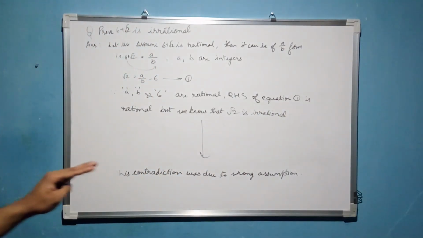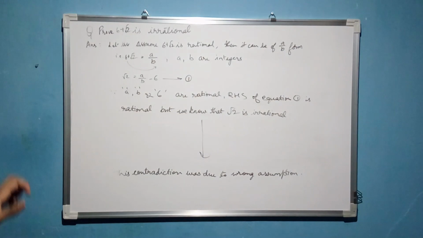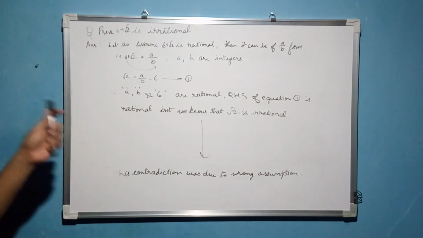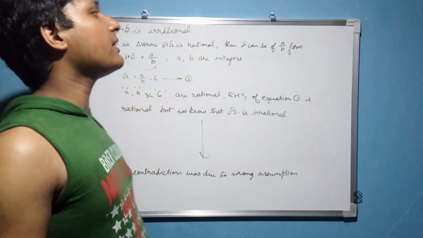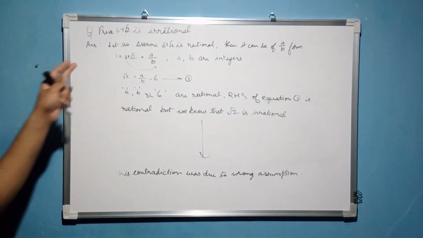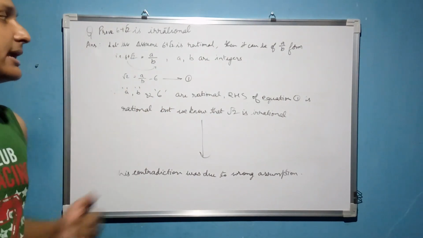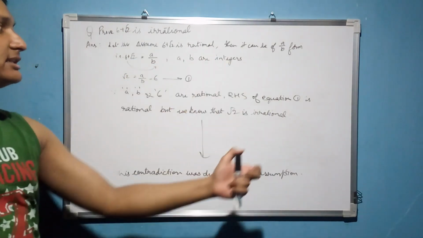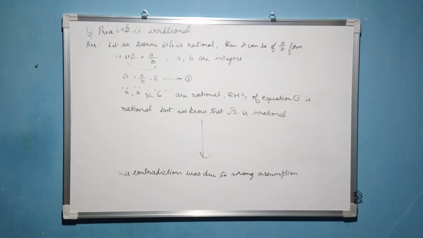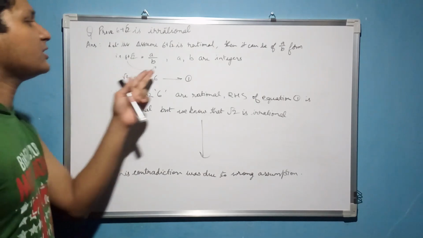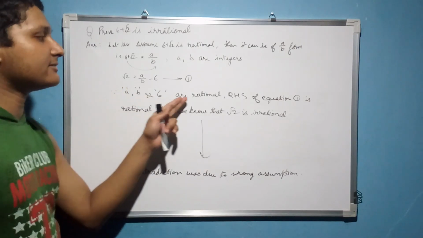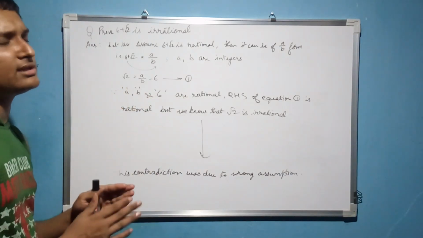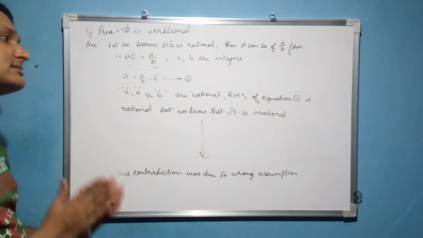This contradiction was due to the wrong assumption. I'll just explain once more. First, as in the previous one, let us assume that 6 plus root 2 is rational. Then it can be written in the form a by b, where a and b are integers. Integers are rational, that's okay. So now I take 6 to the right hand side. a, b and 6 are rational, and if I do any operation with rational numbers, it is going to be a rational number only.